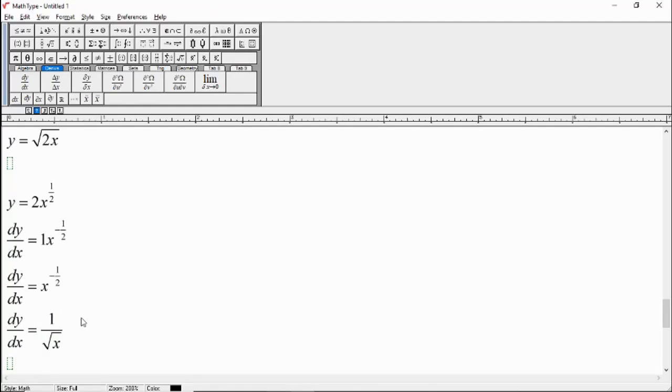That's how you rewrite it. So y equals the square root of 2x, differentiated, is 1 over the square root of x.